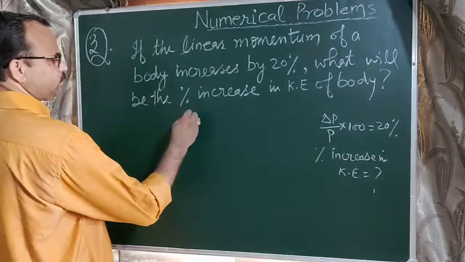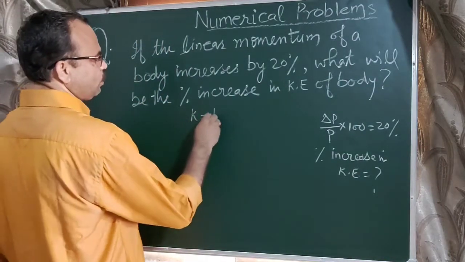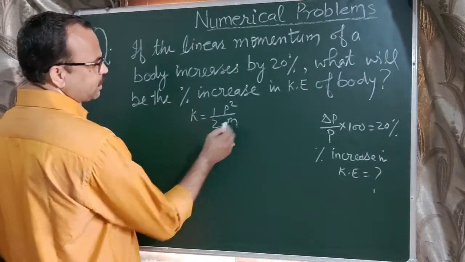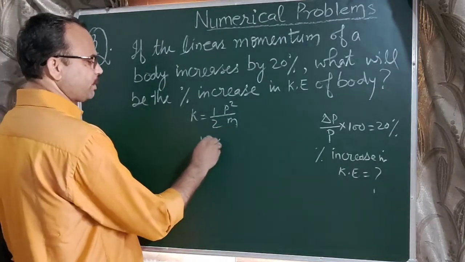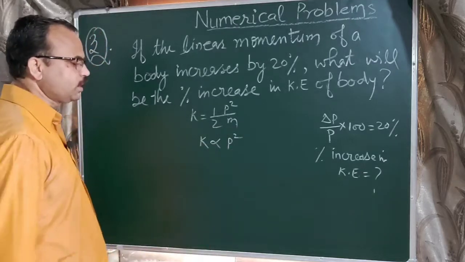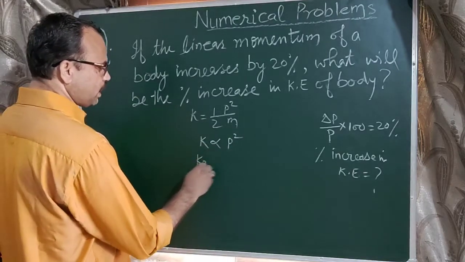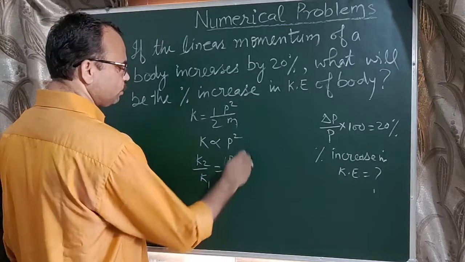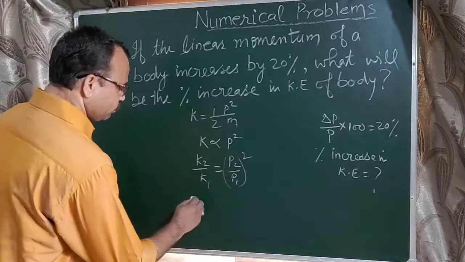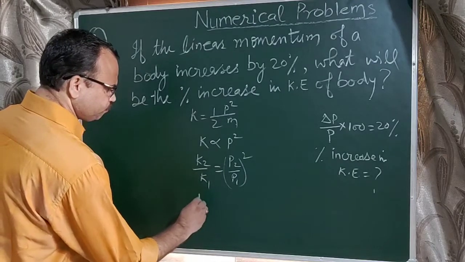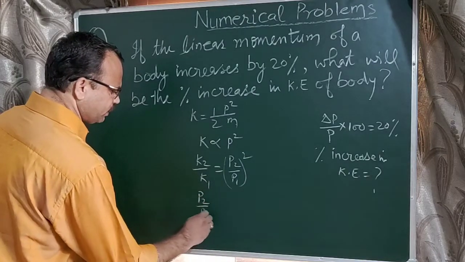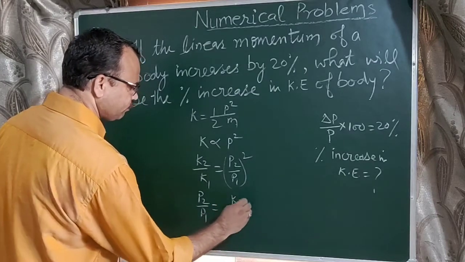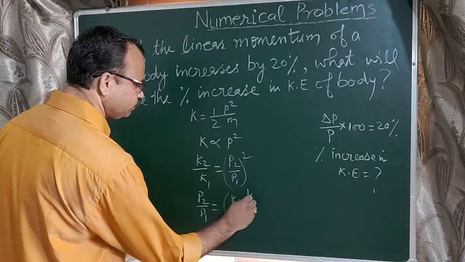So as we know that K equals 1 upon 2 p square upon m. Here 2 and m are constant, so K is proportional to p square. So K2 upon K1 is equal to p2 upon p1 whole square, or p2 upon p1 is equal to K2 upon K1 to the power 1 by 2.